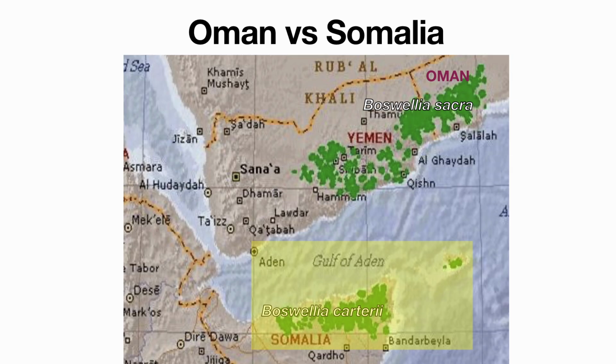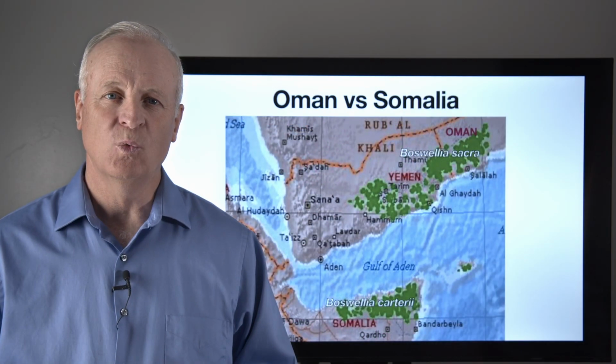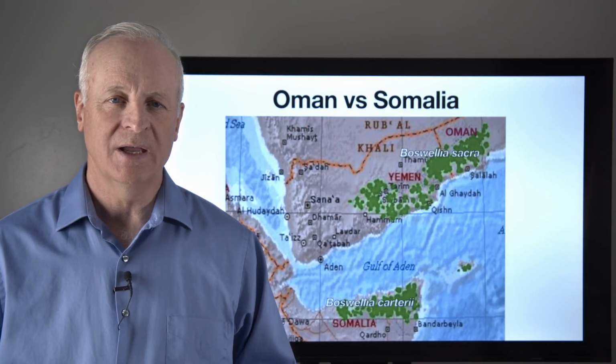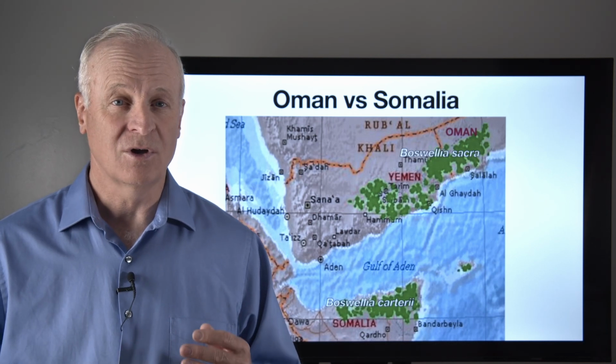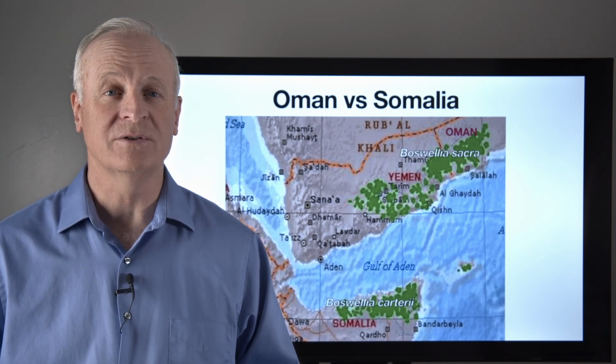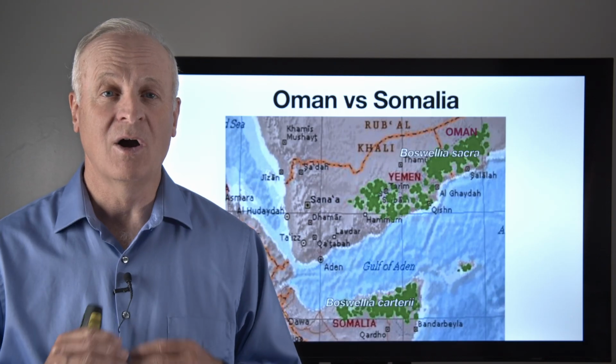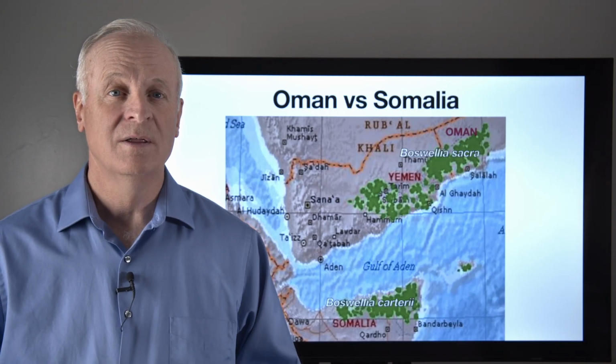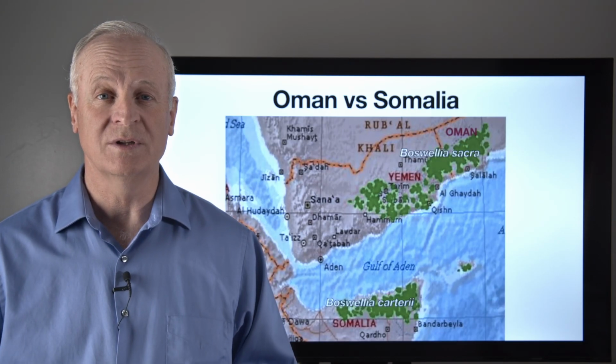These provinces are called Somaliland and Puntland. And the green dots there show where Boswellia carteri frankincense trees grow. You can see that they're distant from each other, and so you would think that they would be different, naturally. But unfortunately, in the world of commerce, they claim that Boswellia carteri from Somalia and Boswellia sacra from Oman are the same. Well, this project is about showing that they are different.